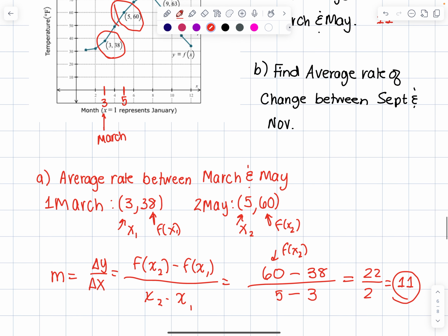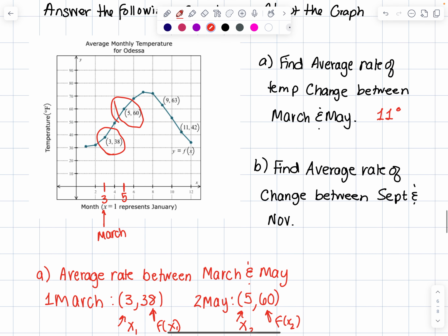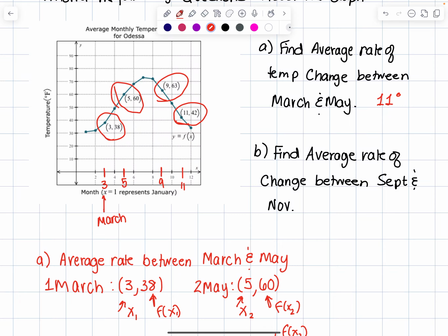Now we need to find the average rate of change between September and November. So let's find September. September is month 9. November is month 11. So that's these 2 points we have. Now look at the graph though. We can see that it's kind of decreasing, which makes sense, right?